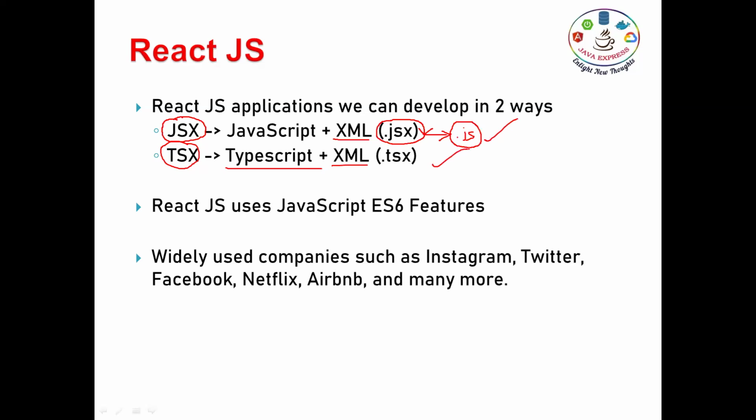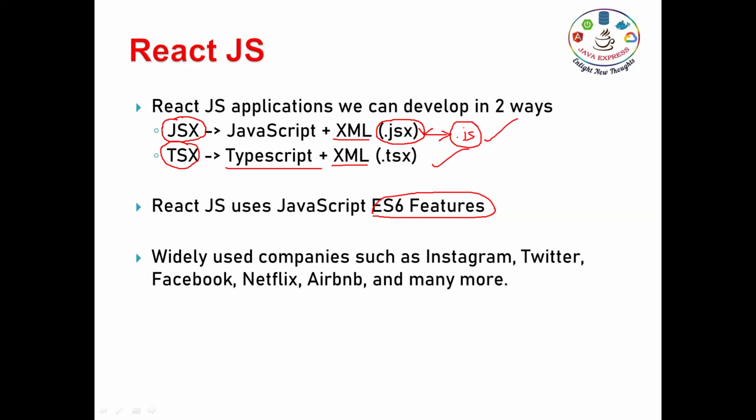In JavaScript there are a lot of concepts, I know, but the mainly important thing is React uses ES6 features here. Can I know what the ES6 features are? You remember? Tell me guys, what are the ES6 features we have in JavaScript?